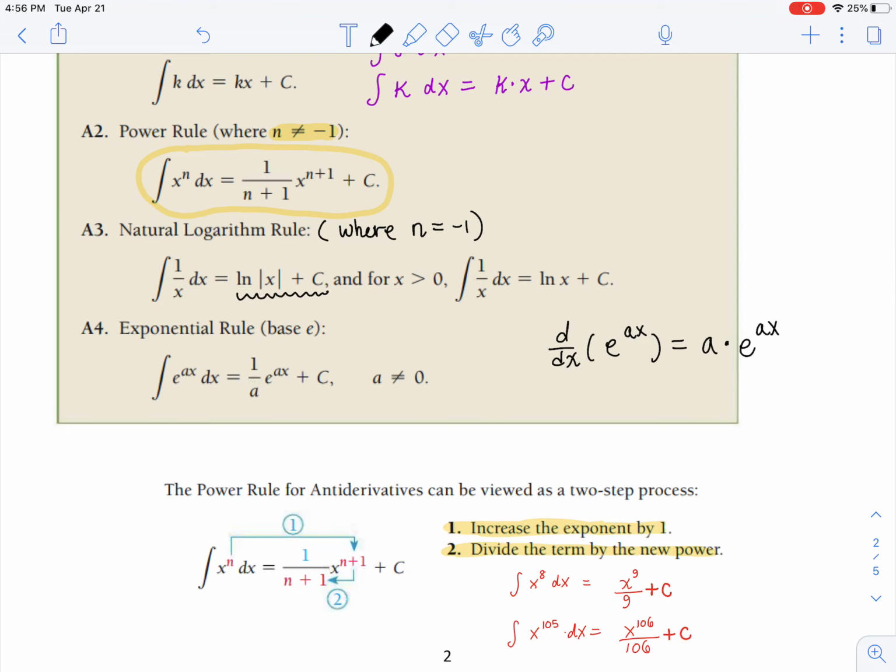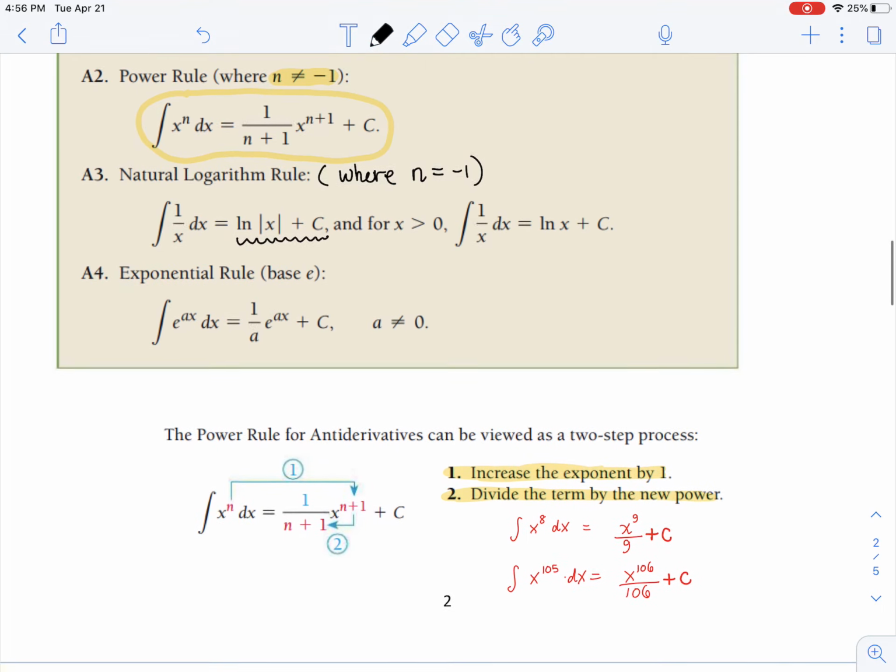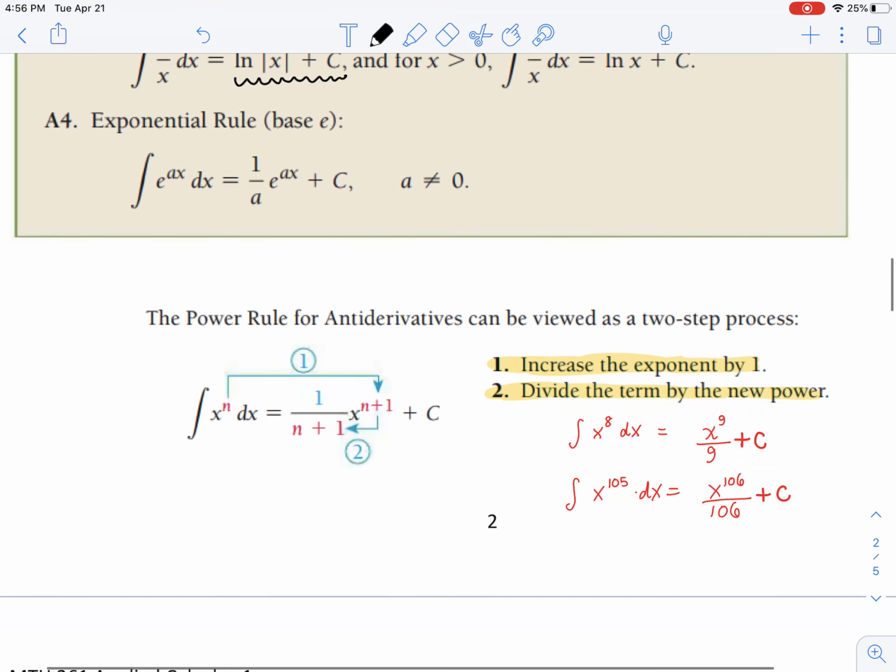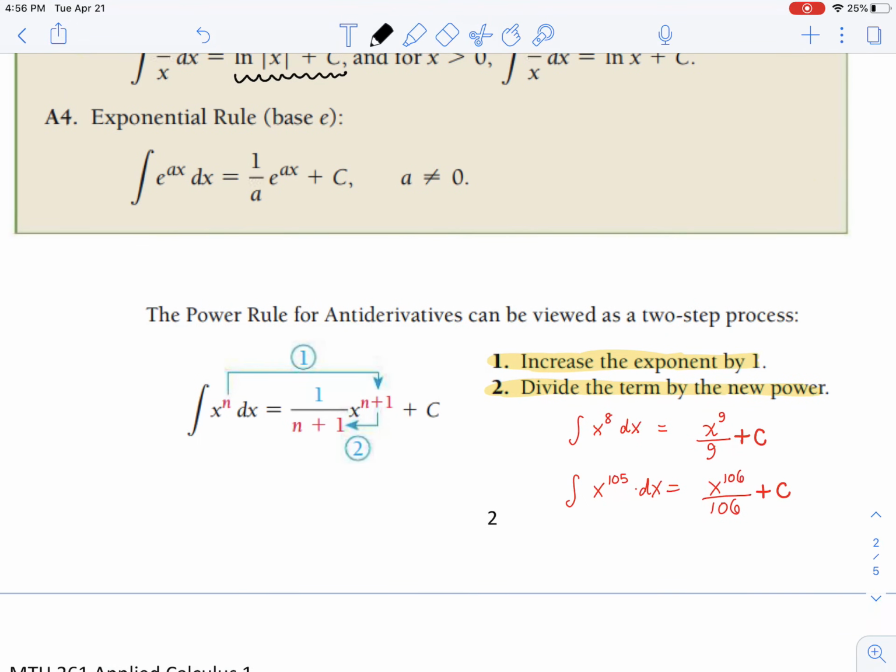So, we're going backward, because we have to get rid of this a that's getting multiplied. So you know what? Let me go ahead and do examples of this and convince you.